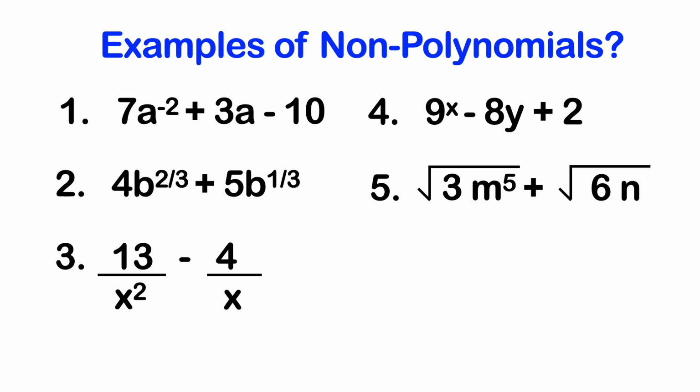Unlike kanina yung sa examples ko ng polynomials, meron ding square root doon, pero ang variables doon ay nasa labas ng radical sign. Unlike dito, nasa loob. So, pag nasa loob ng radical sign yung variables, hindi na siya polynomials.